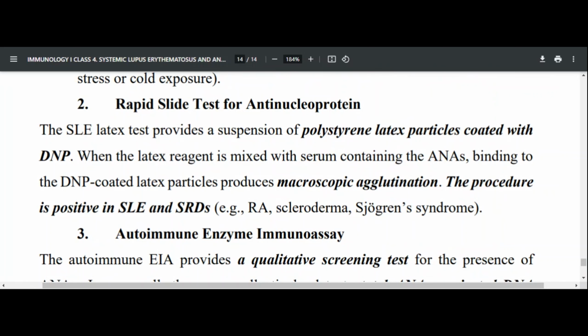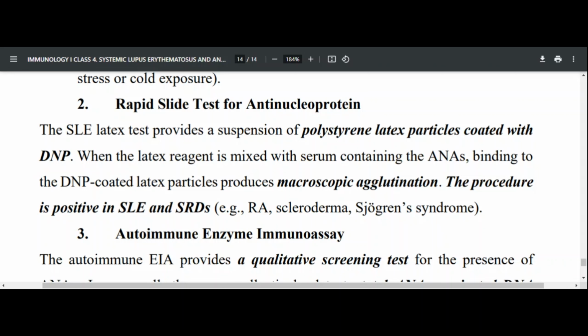Remember that DNP is associated with SLE and also Sjogren, rheumatoid arthritis and scleroderma. Anti-DNP is associated with nucleoli, a nucleolar reaction, right?